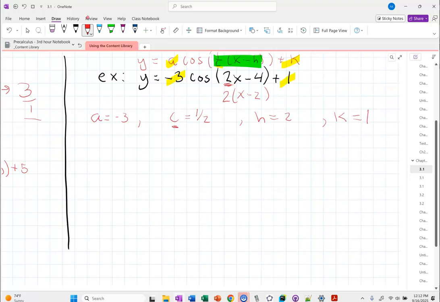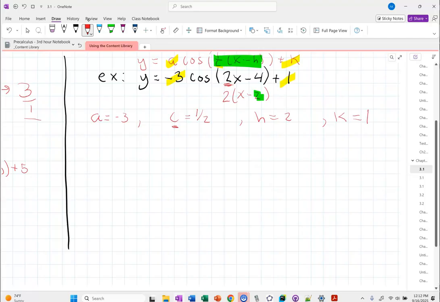So the h is hiding there. Yes, you'd have to factor so that the leading coefficient on the x is a 1. So there might be a greatest common factor happening there.